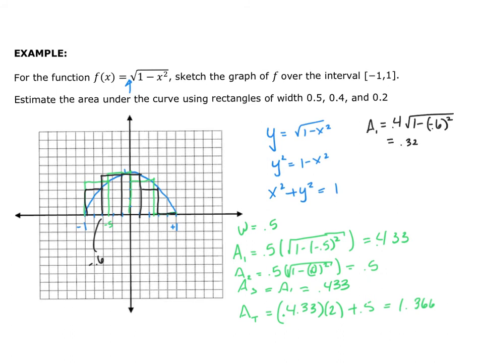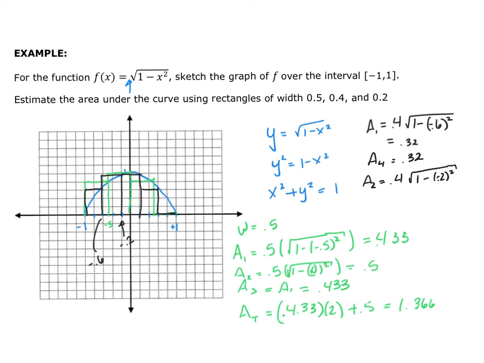Now I have two of them because we see that this rectangle here matches this rectangle here. So I'm going to call this a sub 1, and then also a sub 4 is also going to be 0.32. And then I'm going to do my next one, which is a sub 2. It has a width of 0.4, and it has the square root of 1 minus, and then my right-hand side is negative 0.2, so negative 0.2, the quantity squared.